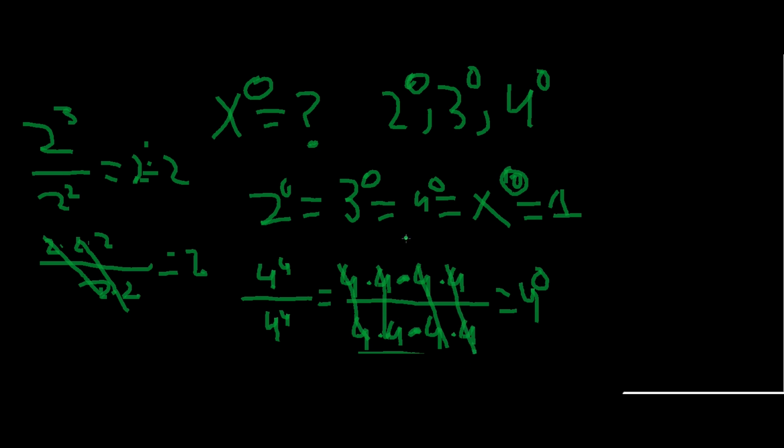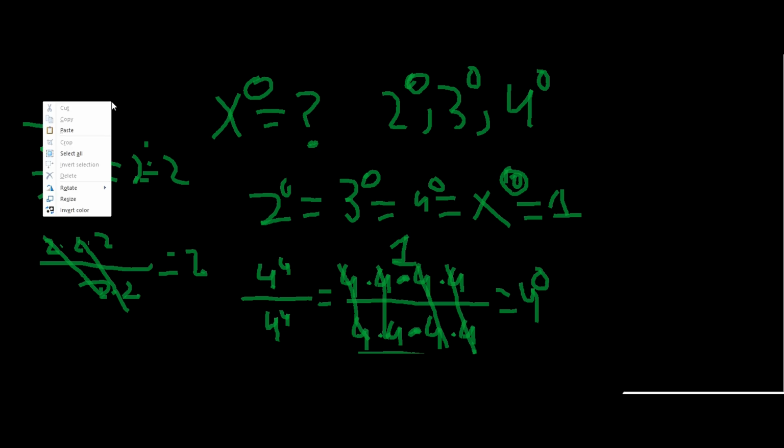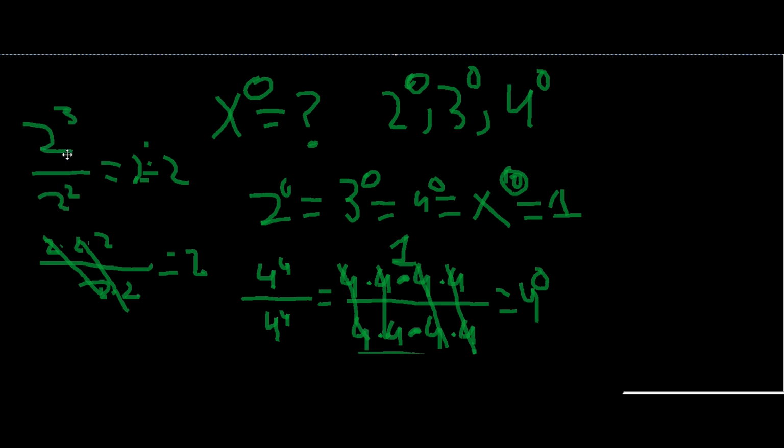Now, let's talk about roots. Well, in mathematics, if you've ever noticed, everything has an opposite. Plus's opposite is minus. Multiplication's opposite is always division. Division's opposite is always multiplication. Subtraction's opposite is always plus.